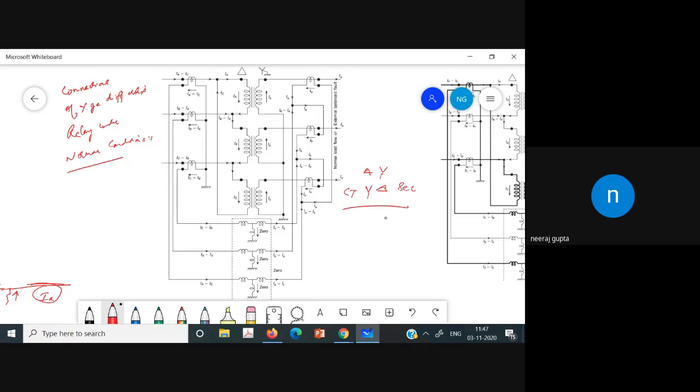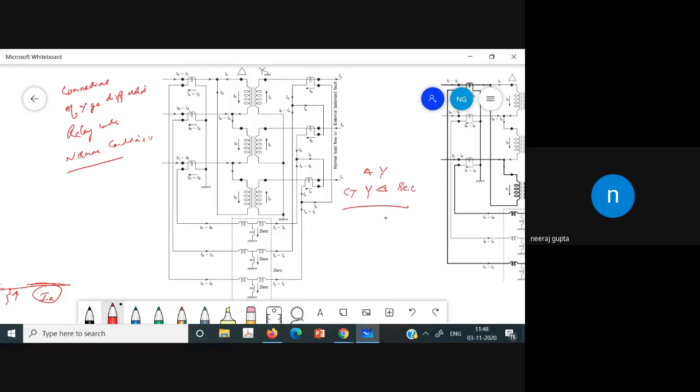Now you can see the different currents and how the spill current would not result in that case. Let us consider the current flowing through this is IA. We consider this phase IA, then the current would be IA minus IC.